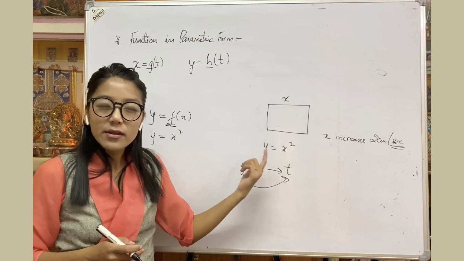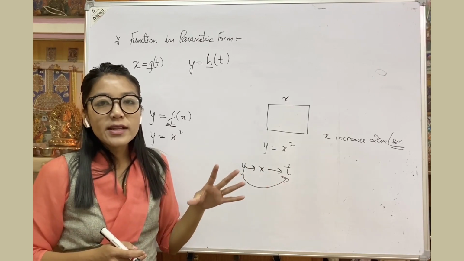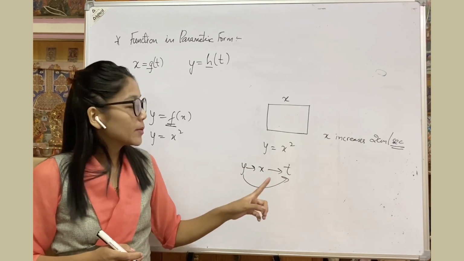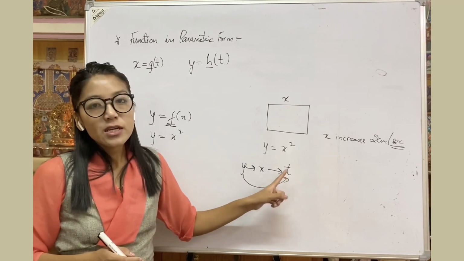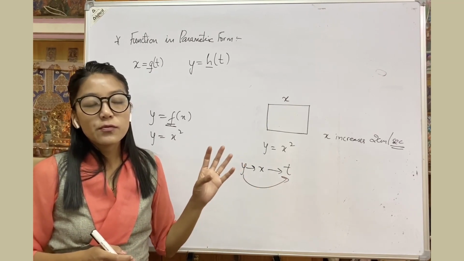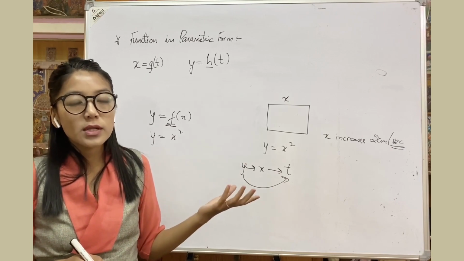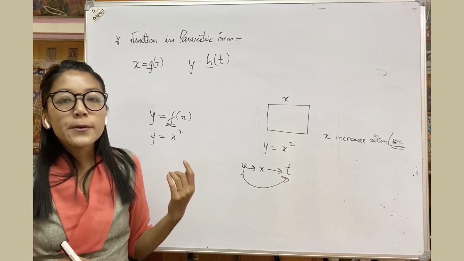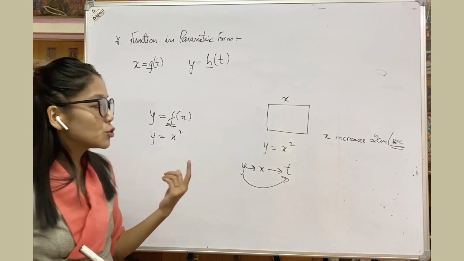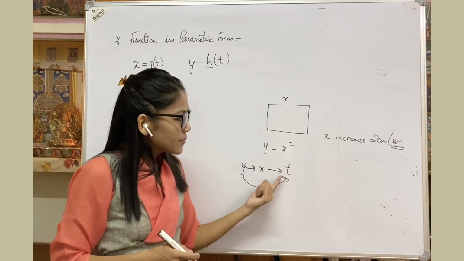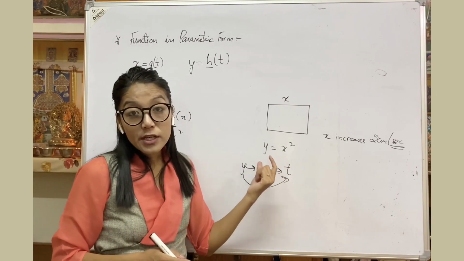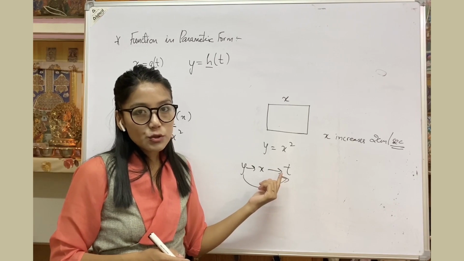You can take any variable, but you will find that in your book most of the time the variables are either t or theta. So this is the standard way of writing a third variable when you are expressing a function in parametric form, okay? There is no hard and fast rule that you always have to take variable t. You can use other variables also, okay?